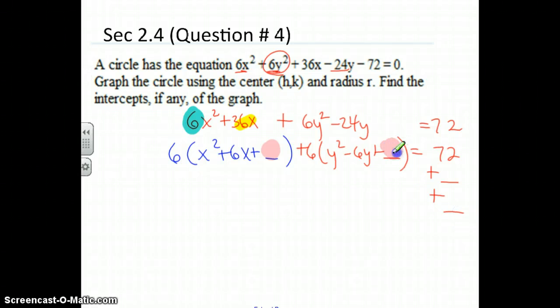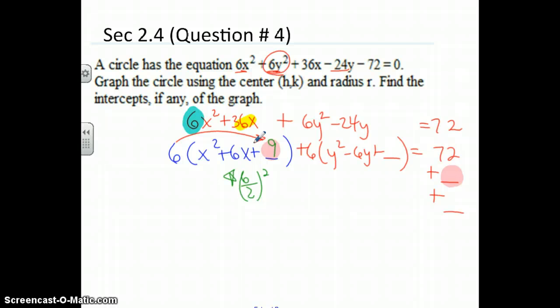But be careful, because when I take half of the middle term here, 3, and square it to get 9, I can't add 9 to the other side here. I actually have to add the whole quantity of what's being added to the side, which is 6 times 9.